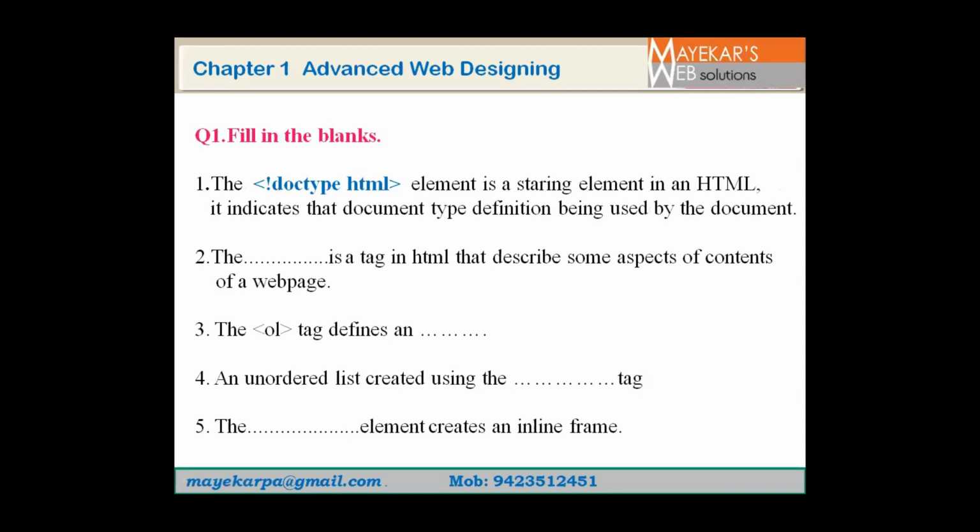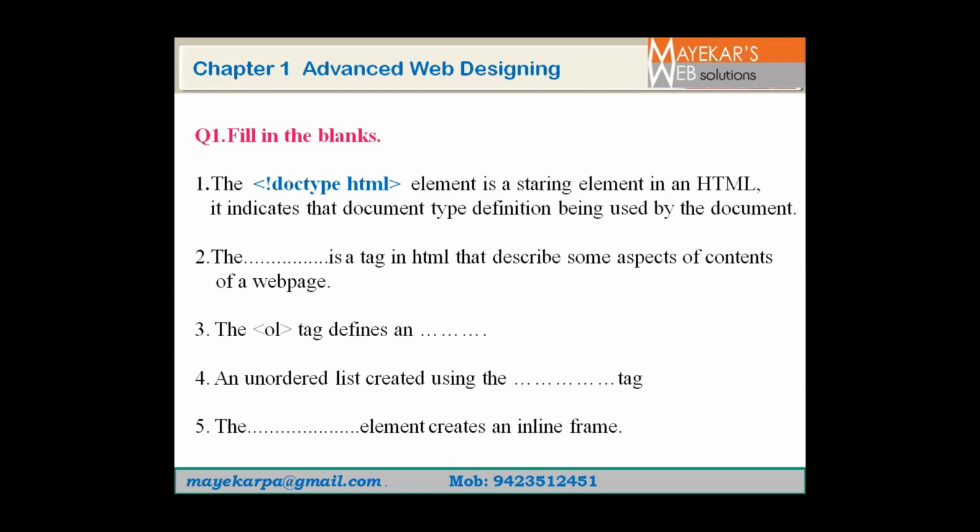But while writing this doctype, there must be an exclamation mark before doctype. And doctype HTML is a whole statement, a tag, so it must be enclosed by less than and greater than signs. If it is not enclosed by less than and greater than signs and you write just doctype HTML, then your answer will be wrong.